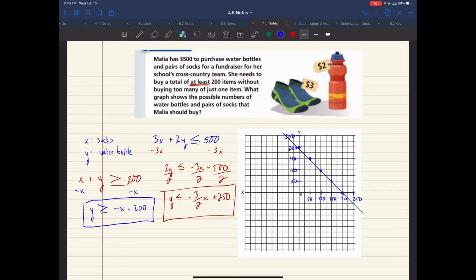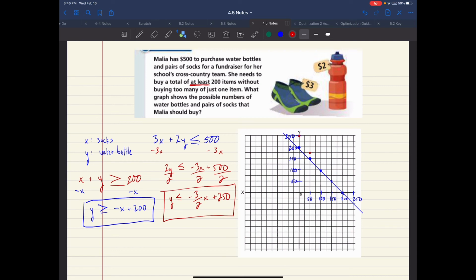The red line is negative 3 halves x plus 250. That one goes through 250, and we're going to go down 3 over 2. Let's make sure that's a slope of 3: that would be 150 divided by 50. Yeah, that's a slope of 3.